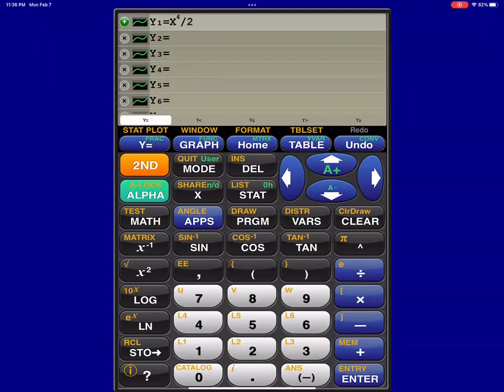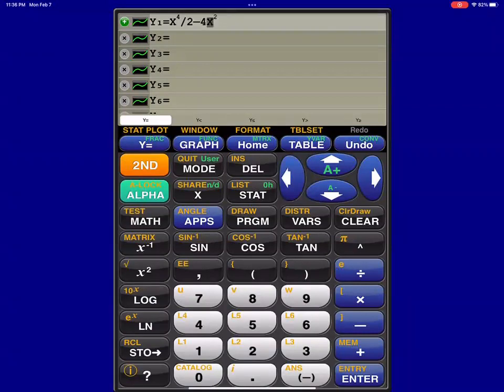It is half of that. Then you go to the right and plug in minus 4x squared.